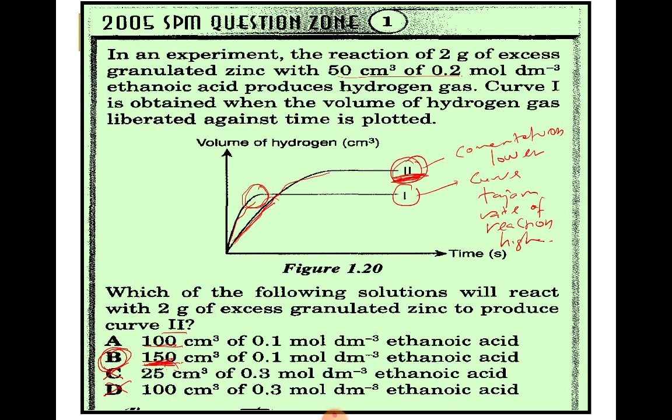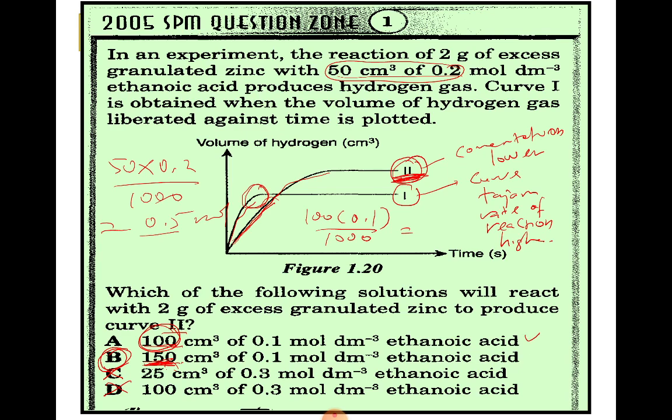Alright. So, first awak kena kira ni dulu macam ni 50 dengan 50 kali 0.2 bahagi dengan 1000. Awak dapat berapa? Katakan kalau awak dapat 0.5 mol kan. Yang ni pula awak kira yang ni, 100 kali 0.1 bahagi 1000. Ni cikgu katalah, cikgu sajalah kira macam tu. Ketika awak kira ni, awak dapat jawapan dia di antara A ataupun B kan.